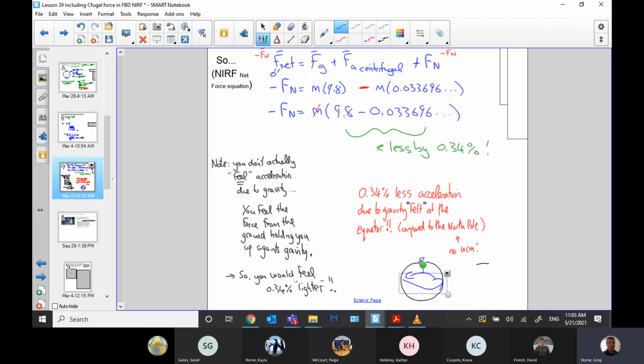Truth be known, the Earth is a little bit bulged, so at the equator you're further out, so it's an even bigger effect. You're even lighter at the equator because you're further away from the center of the mass. There are other factors as well, but the centripetal acceleration needed for uniform circular motion, and the resulting centrifugal force, is a calculable value.